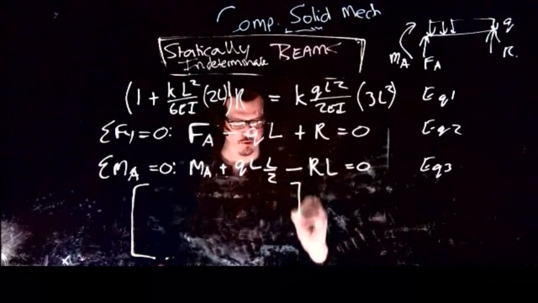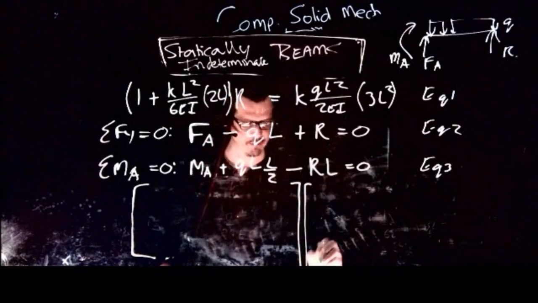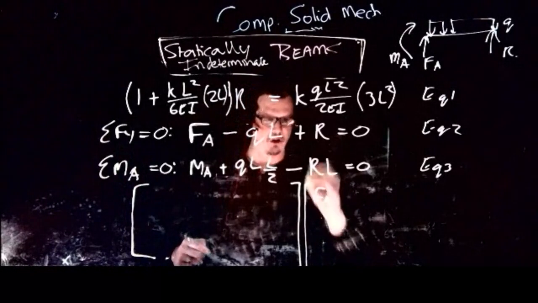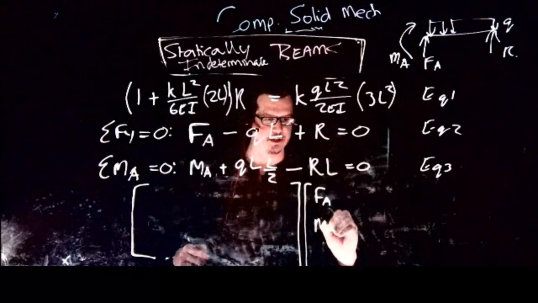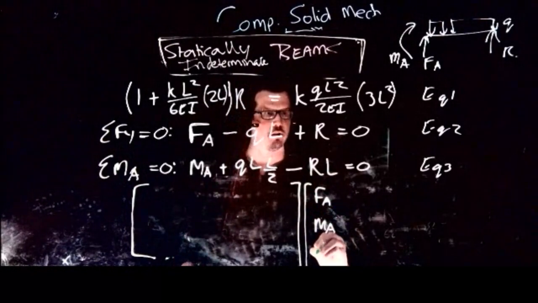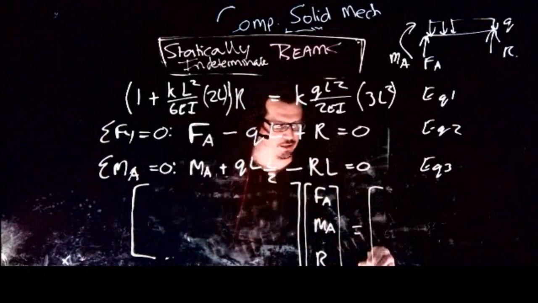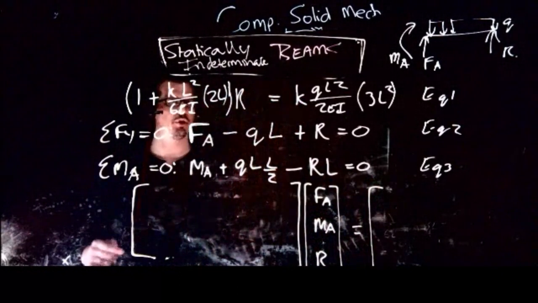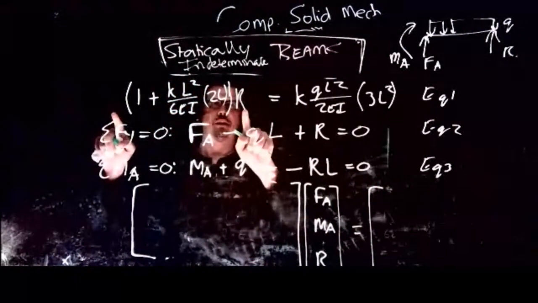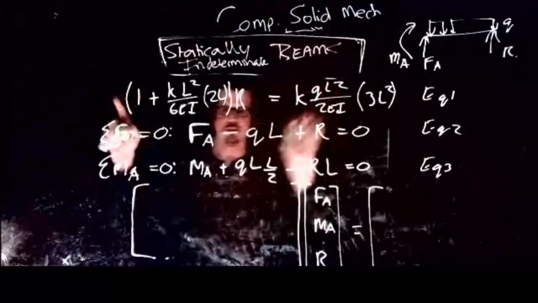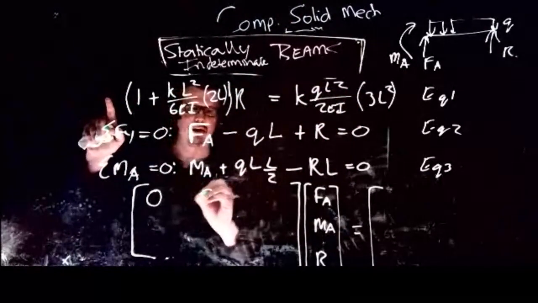All right, so I'm going to write it quite wide, to give myself some space. I'll write FA as the first column, MA for the second column, and R for the last column. And then the right-hand sides will be whatever they need to be. If you look at the first equation, there are essentially no MAs or FAs in here, so FA and MA are 0.